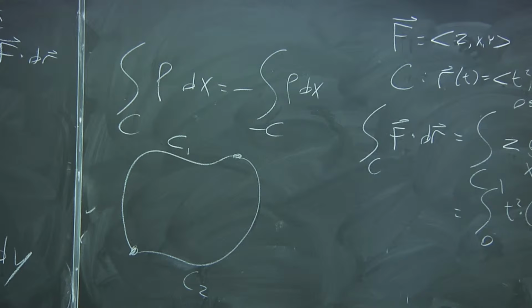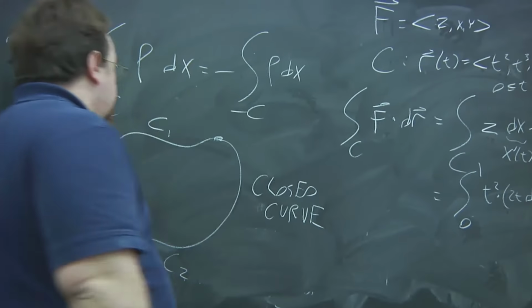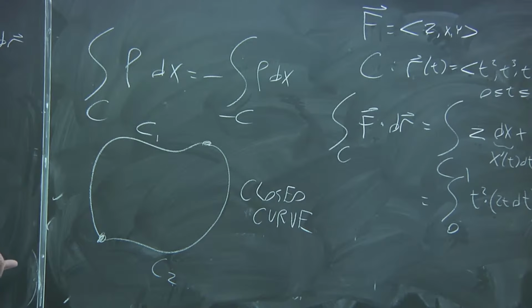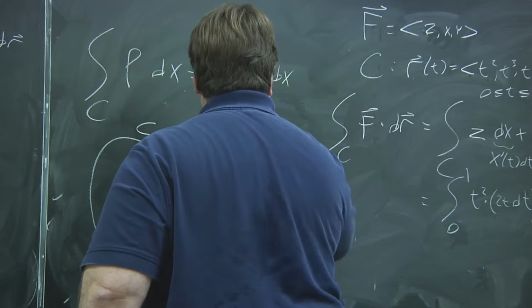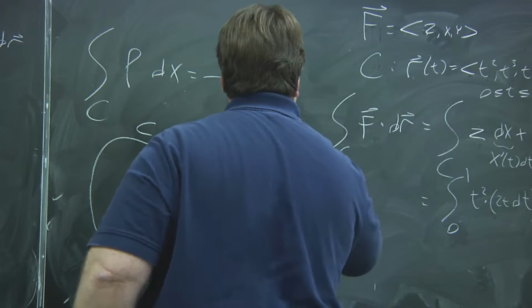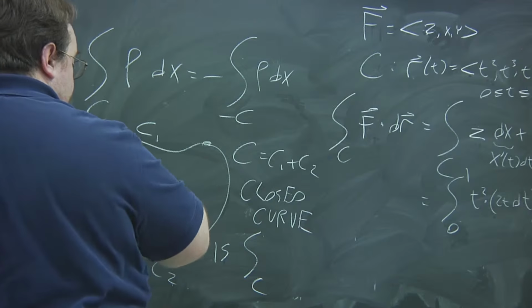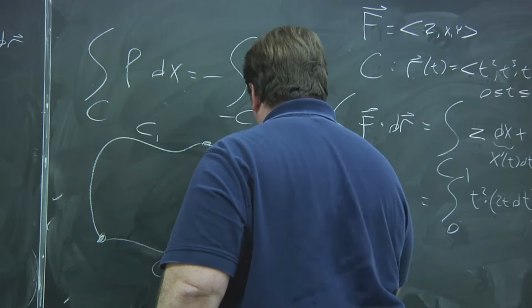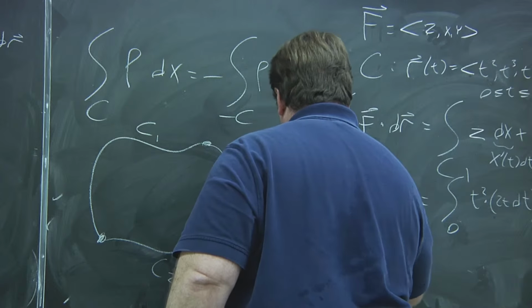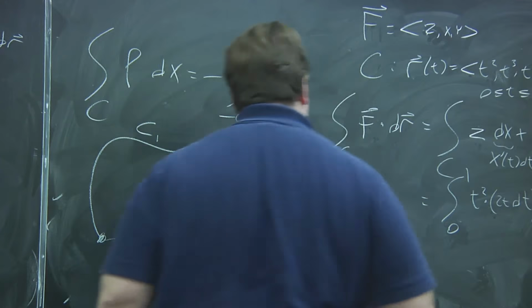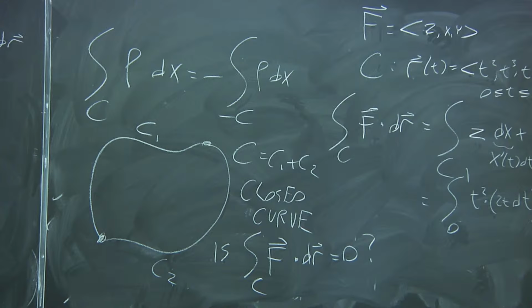So this would be an example of a closed curve. So an important question would be, let C be equal to C1 plus C2, so C is the entire closed curve. If you're given a vector field, is the integral of a vector field over that closed curve equal to 0 or not?